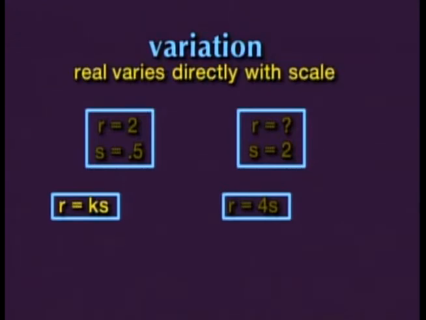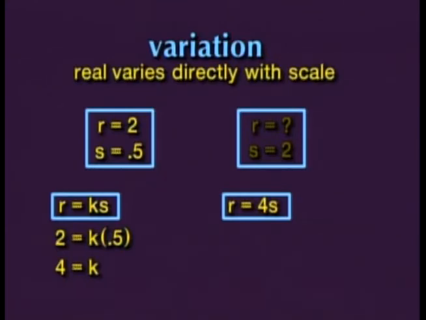Next, we use the complete set of information. R equals 2 when s equals 1/2. We use this information to find the value of k. Substitute 2 for r and 0.5 for s. Now solve the equation for k. K equals 4. Now we can write a specific formula that indicates the value of k. R equals 4 times s.